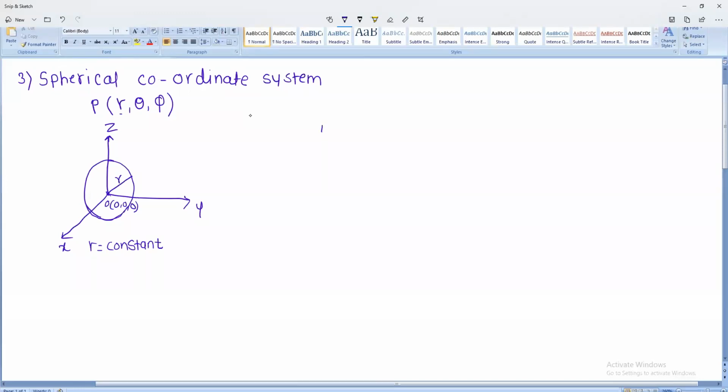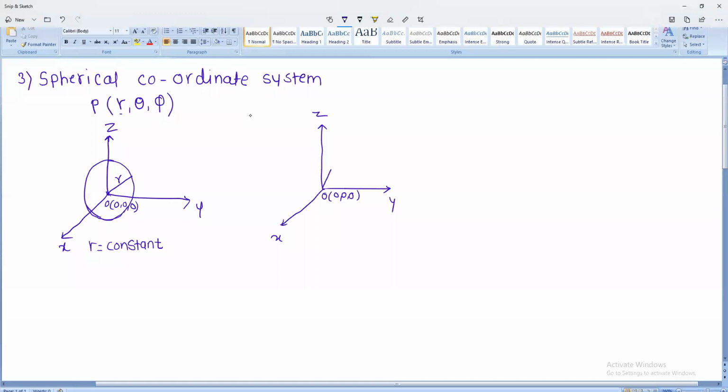Again we have to draw a Cartesian coordinate system. X, Y and Z, and the origin O having coordinates 0, 0, 0. Then see what is meant by this theta. This theta is the angle with the positive z axis.